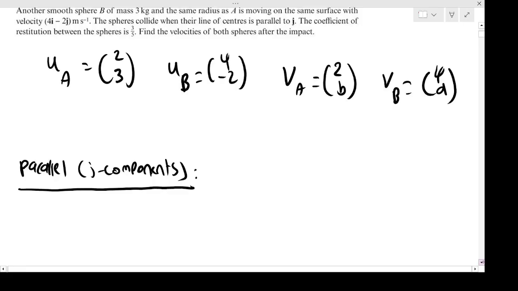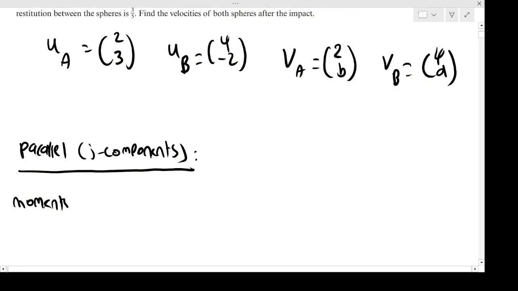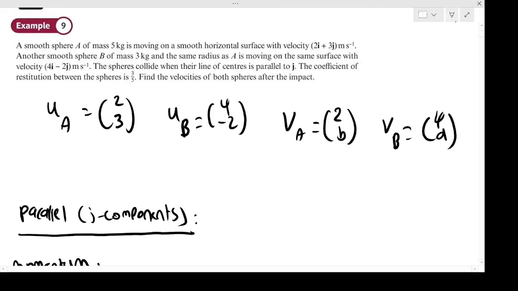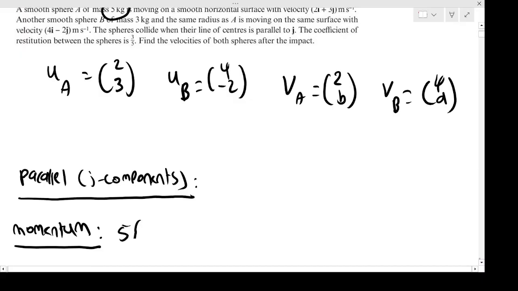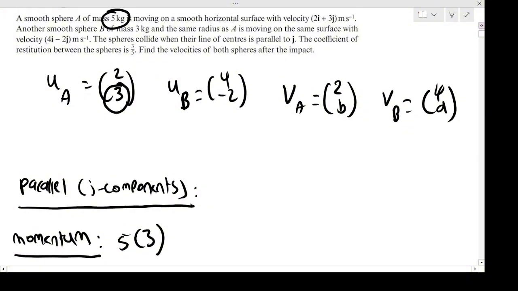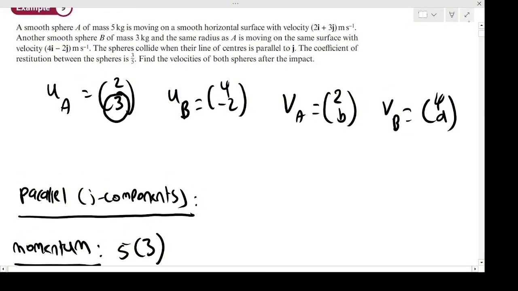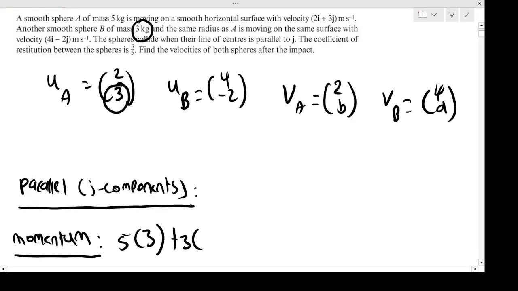Okay. So again, if I now firstly apply momentum, and this is again just for the J components. Now, for A, the mass is 5. So it's going to be mass times the velocity, right? So it's going to be mass of 5. Now, the initial velocity, the J component is 3. So I'm going to multiply by 3 here. Hopefully happy with that. Then for B, the mass is 3. So then I'm going to add on 3 lots of the speed, which the J component is -2.